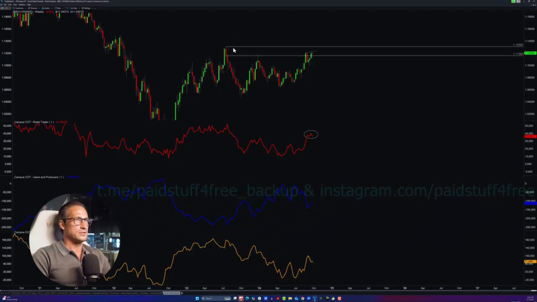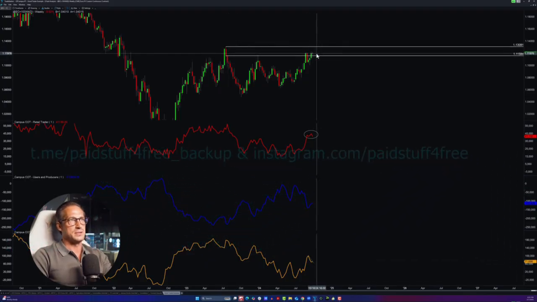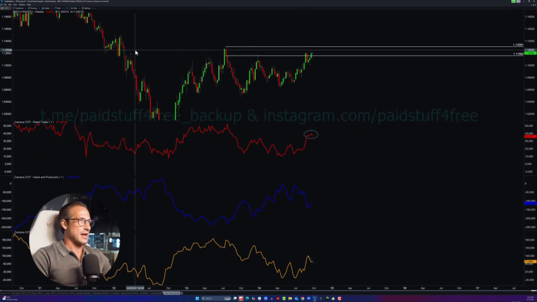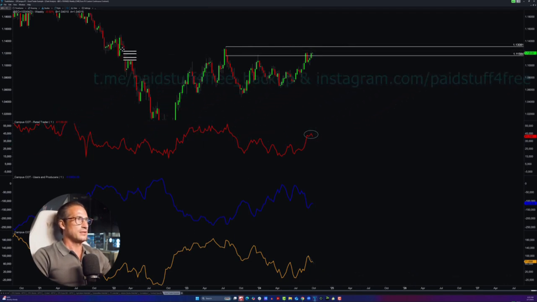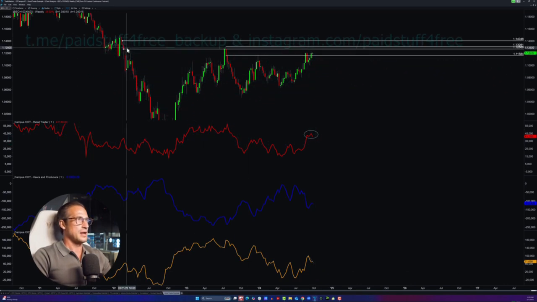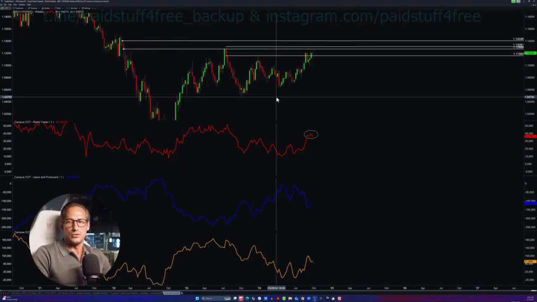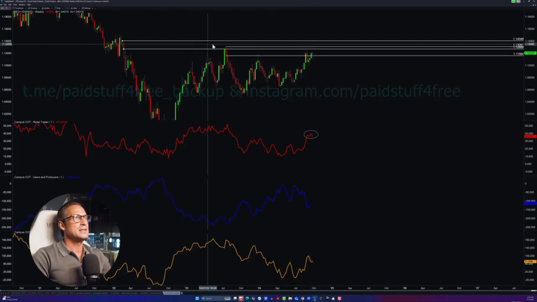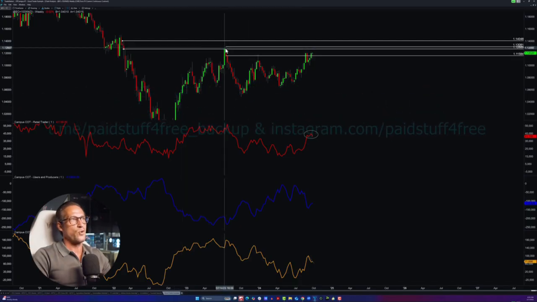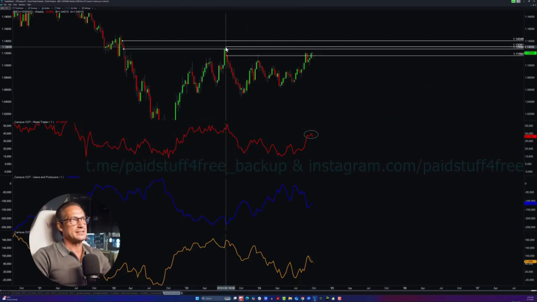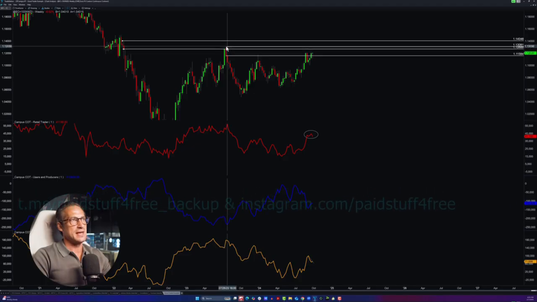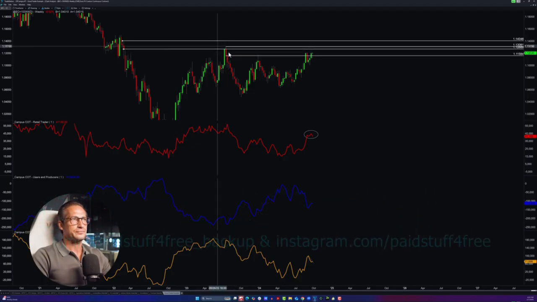here is a supply zone which has been tested a couple of times, but at the end of the day, the way I'm doing this now, very, very advanced, we have here level on top of level that is overlapping, so it has been tested here just a little bit.